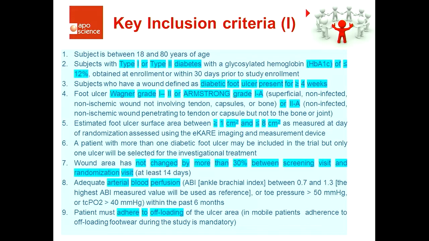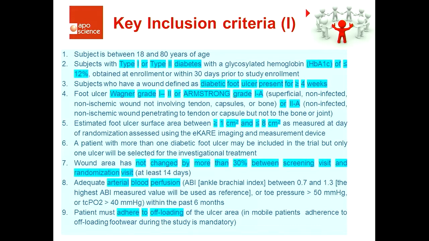What we want is a non-infected wound, and a wound that is not based on any ischemia. So these are the classifications of Wagner grade 1 and 2, or Armstrong 1A, 2A. Why we added both is that some clinics work more with the Wagner, others with the Armstrong. Armstrong specifies the infection and ischemia specifically.